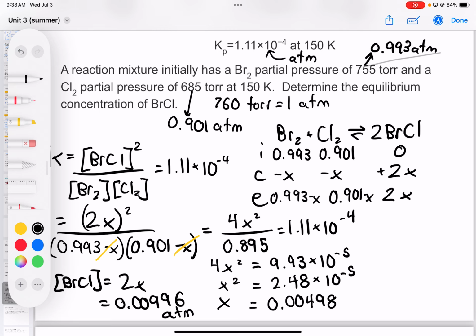In reality though, and this may come across in lab or something, you can tell that you're going to have to, because the value is big enough that if I take 0.993 and subtract 0.00498, I get 0.988, sorry, for this amount.